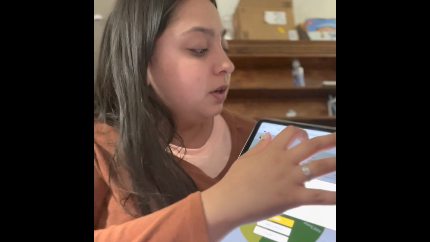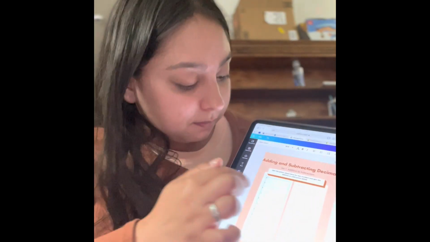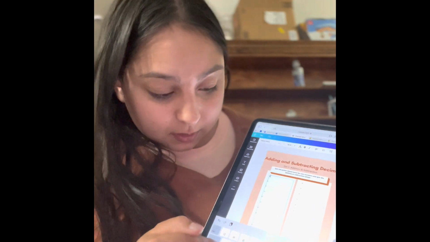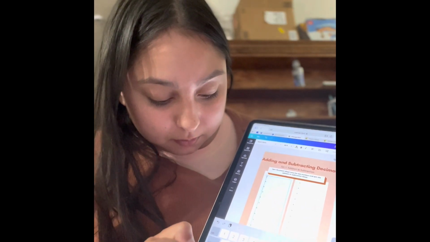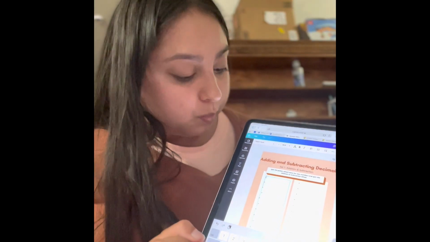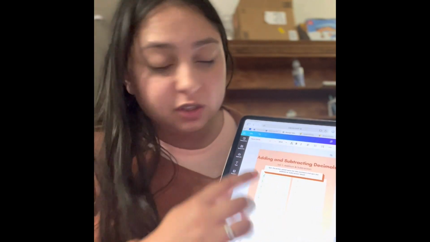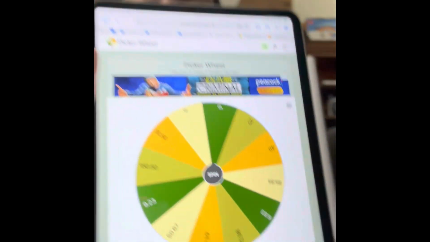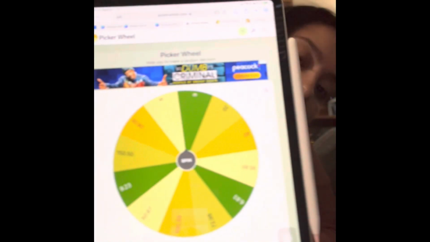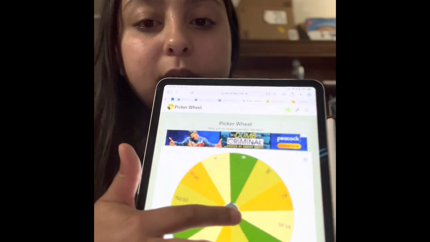So let's make sure we go and write that down. We're going to make sure that we write down subtract. Or you could put your little subtraction symbol. Now let's go to our number wheel. Okay, we have all our options here. We're going to spin.